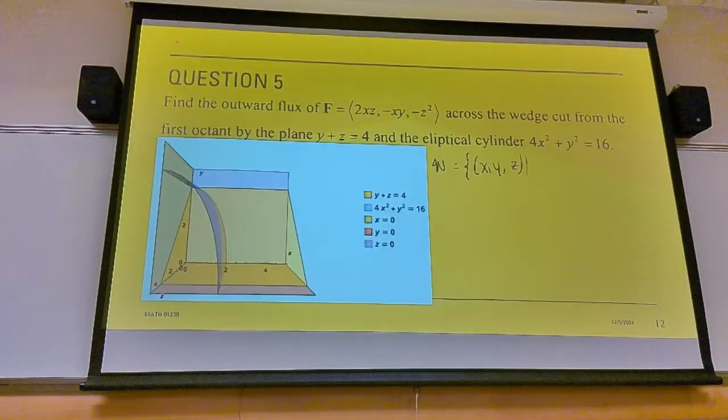I'll get you started. Y should go from 0 to root 16 minus 4x squared. And what about Z? 0 to 4 minus y.